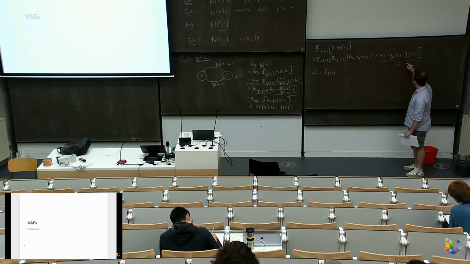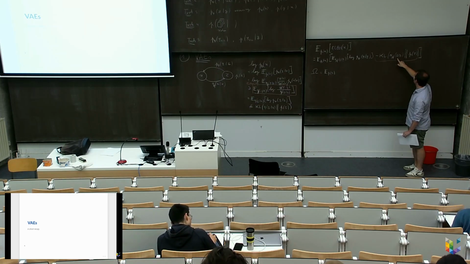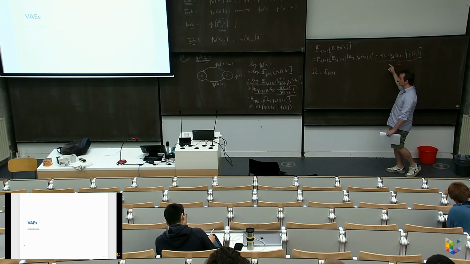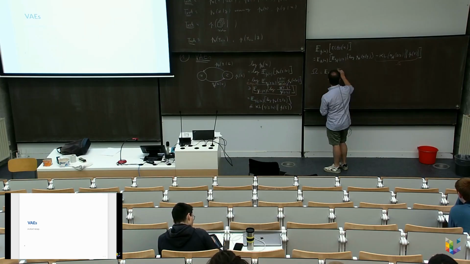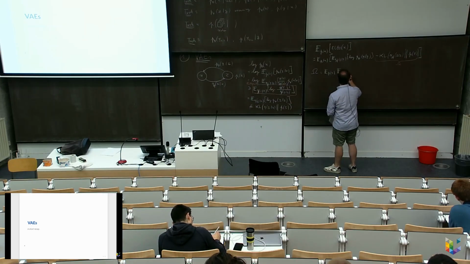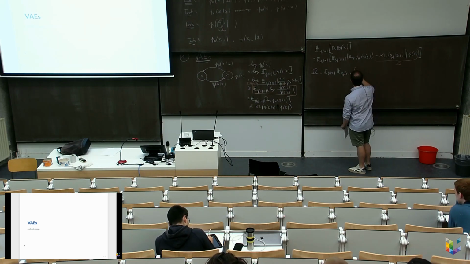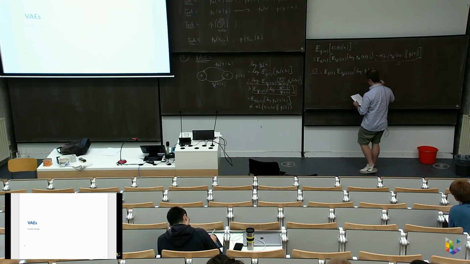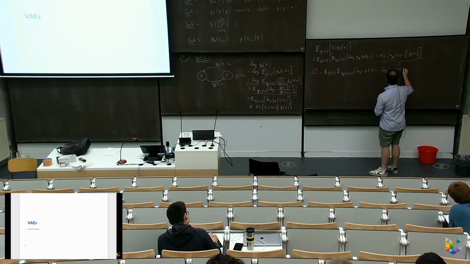And because there is a minus, it's the same as the expectation over the first of the log of the ratio of the second over the first, which you can rewrite as a difference of log densities: the expectation over Q of log p of z minus log q phi of z given x.